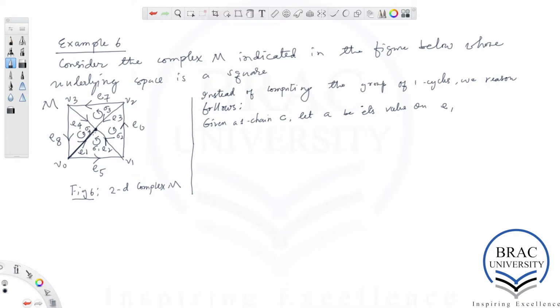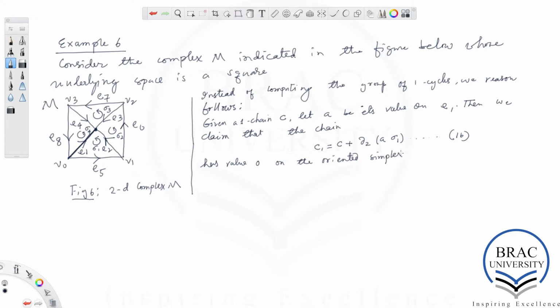So we know the value it has on the edge E1, given that one chain C. Then we claim that the one chain given by the following expression, C1 is equal to C plus del 2 A times sigma 1, given by equation number 16, has value 0 on the oriented one simplex E1.